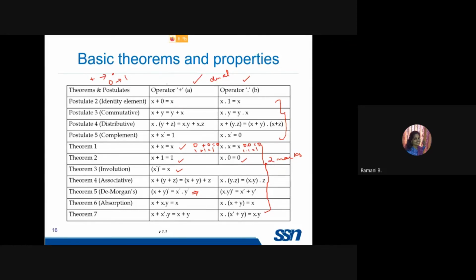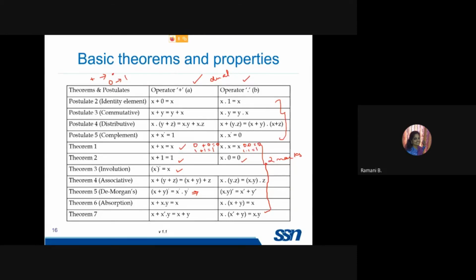Each of the expressions is the dual of the other. So if you know how to prove one of these, you can use the dual of it to prove the other one as well.